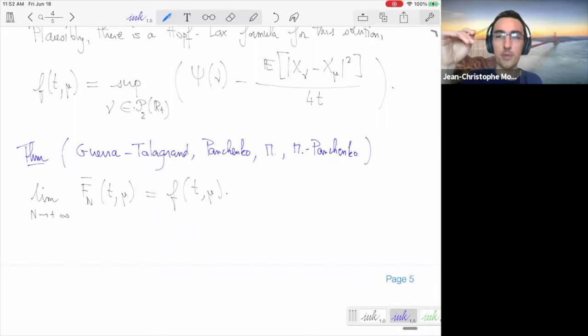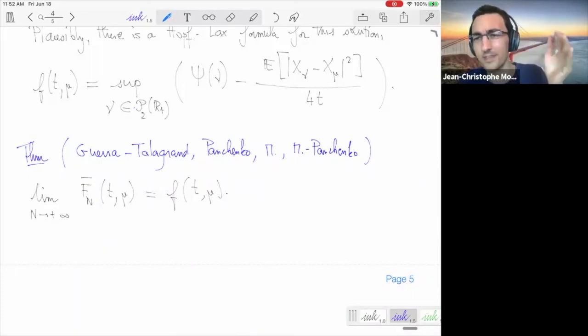Perhaps it's related to the comment I wanted to add, because I think I was not very clear on this point. Thanks for this question. So, we have the limit of this. How does it relate to the original question we were asking? Down the road, we want the limit free energy of the SK model.